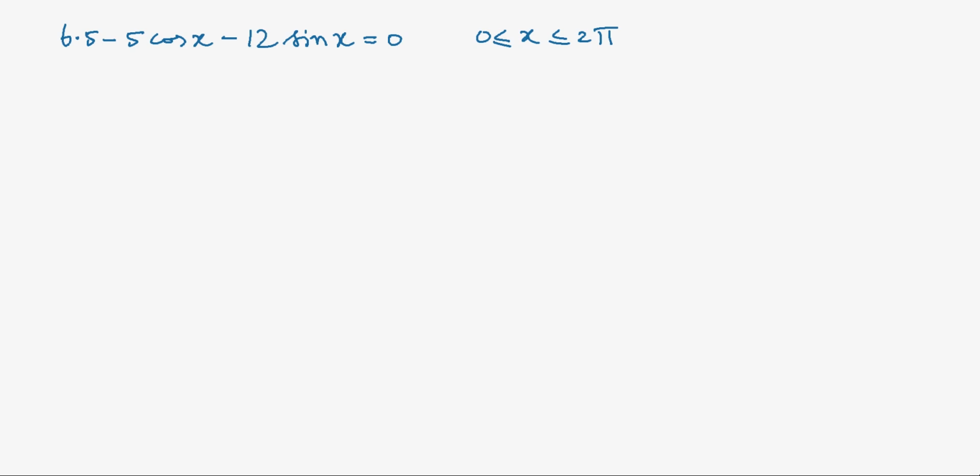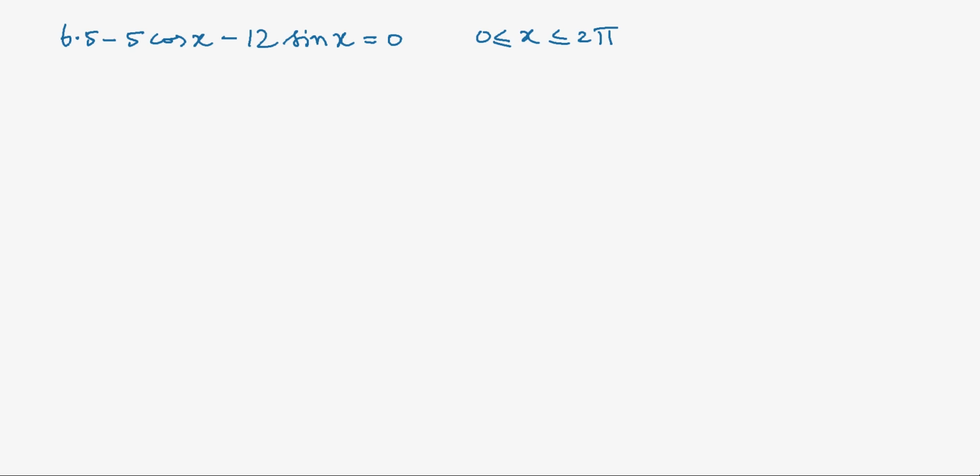And in front of the cosine x there is a 5, in front of the sine x there is a 12, and there is a separate number 6.5. First of all we have to make the x appear only once, because appearing in two different places is not helping us. Do you see that?